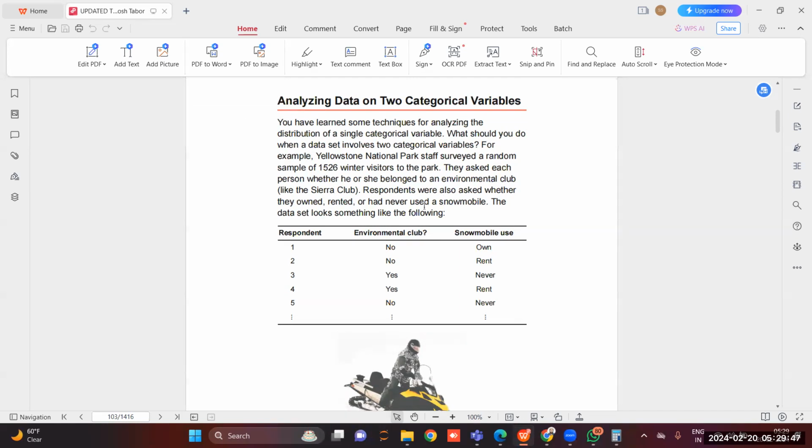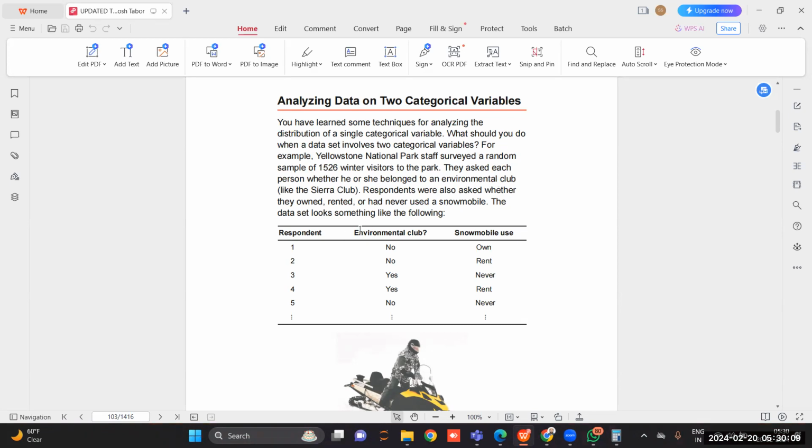What should you do when a data set involves two categorical variables? For example, Yellowstone National Park staff surveyed a random sample of 1526 winter visitors to the park. They asked each person whether he or she belonged to an environmental club.